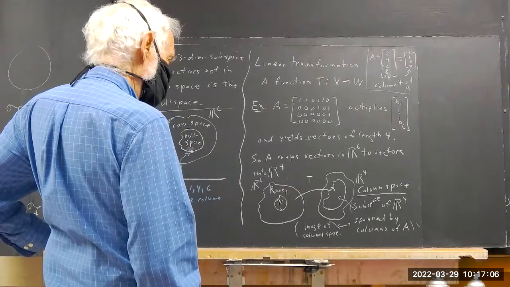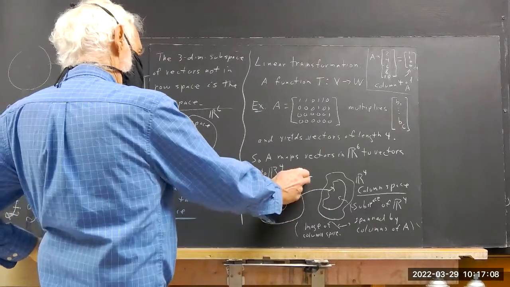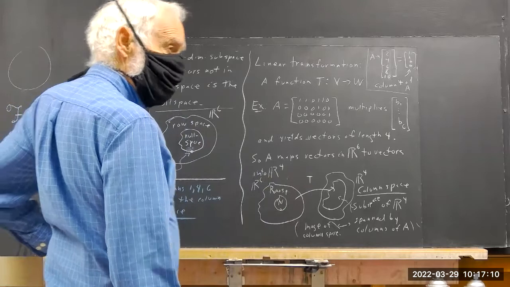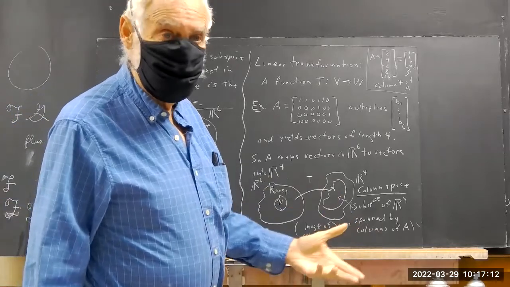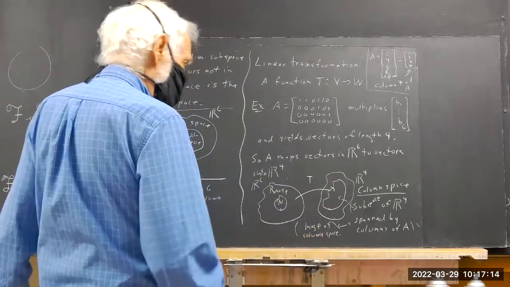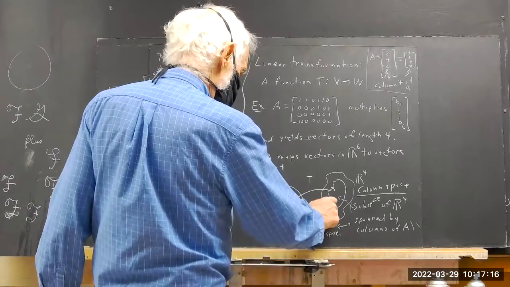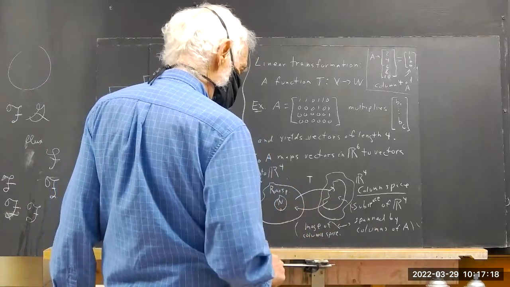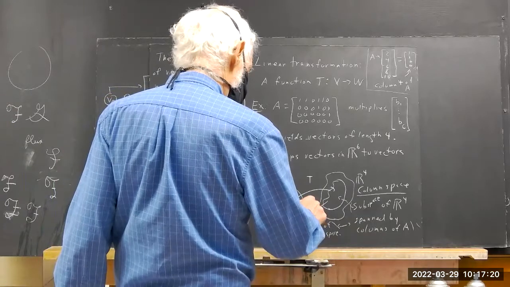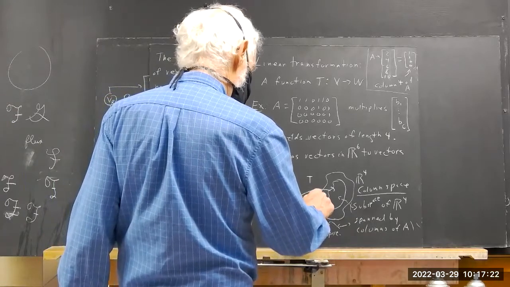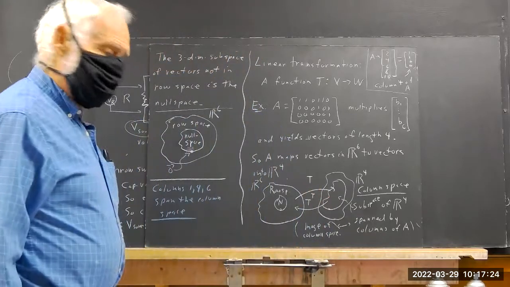T was an unfortunate choice for the name of this transformation, but that's what your text generally uses. I'm going to note that we have an inverse transformation, which is just the transpose of T.